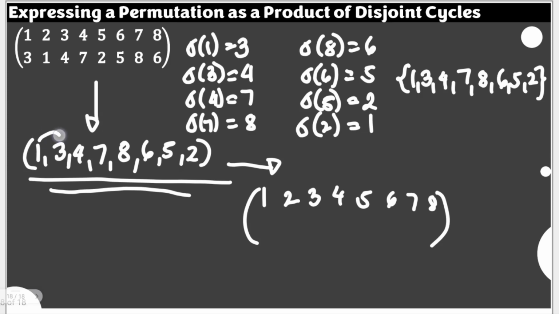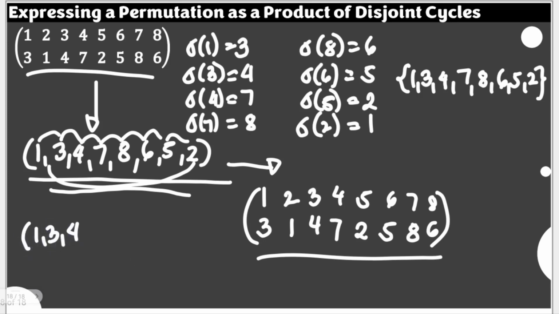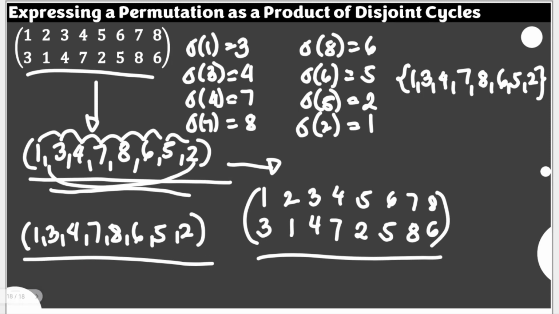So 1 is mapped to 3, 2 is mapped to 1, 3 is mapped to 4, 4 is mapped to 7, 5 is mapped to 2, 6 is mapped to 5, 7 is mapped to 8, and 8 is mapped to 6. Do we have the same result here? 3, 1, 4, 7, 2, 5, 8, and 6. The answer is yes. That means this is already the result. So you have here 1, 3, 4, 7, 8, 6, 5, and 2. This is already the cycle that represents the given permutation.